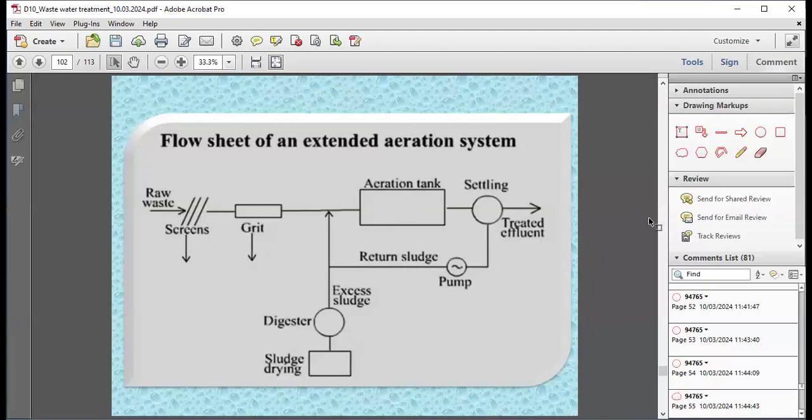This is the treated effluent. This one is the solid particles. This is the liquid. Liquid materials are removed as the treated effluent. The solid particles are precipitated here, like mud or sludge. Right?